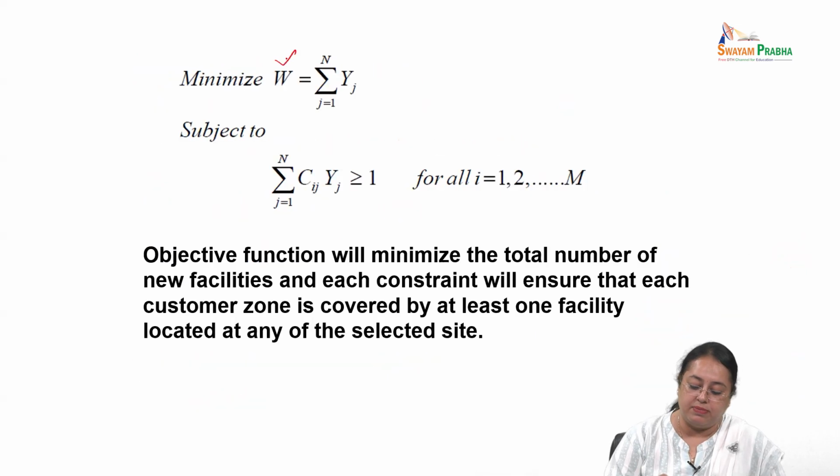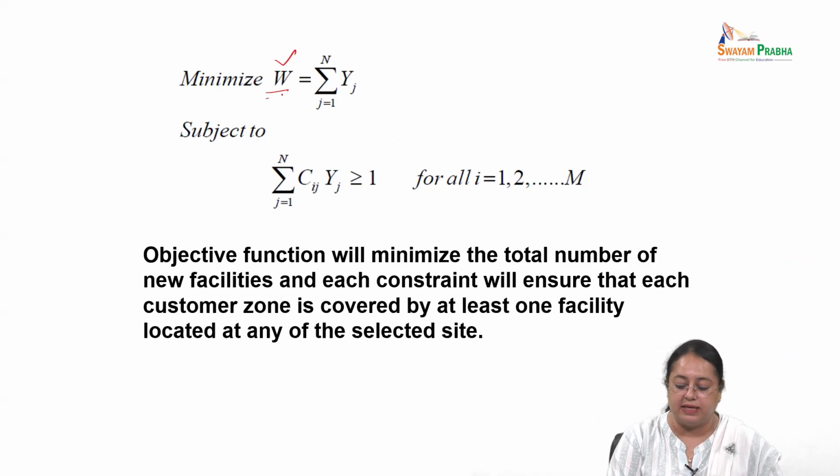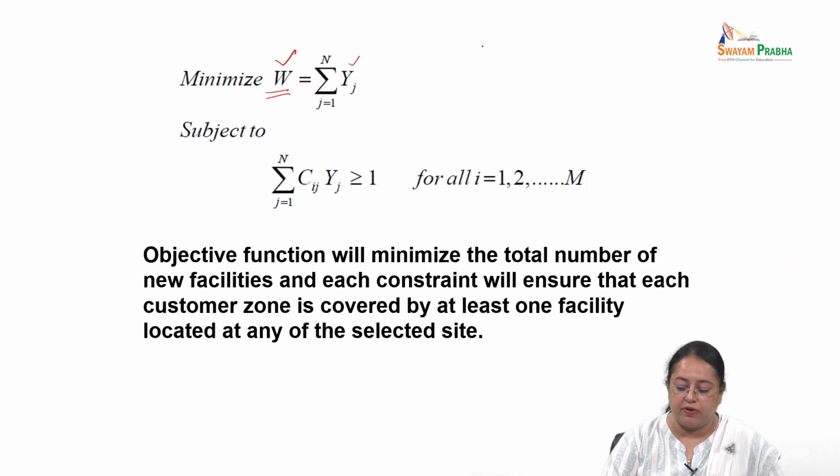Now see how the model will look like. I want to minimize the number of facilities. And what are the number of facilities?